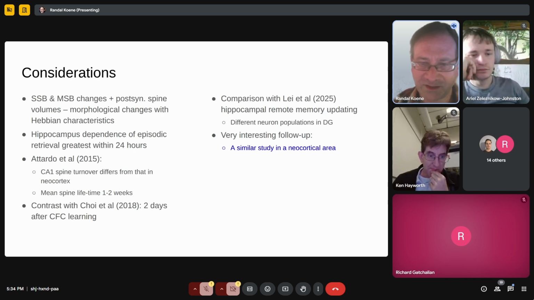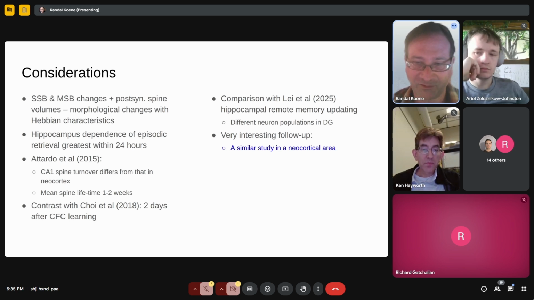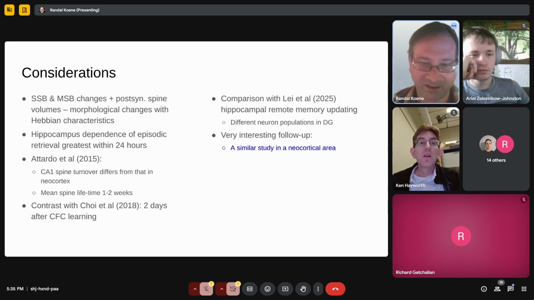Also, noting the different results compared with the Chou et al. results we had discussed in an earlier journal club, not this year, but earlier than that. I think, if I'm correct, the Chou data were obtained 2 days after contextual fear learning. So this would be potentially in a significantly different domain than what we saw here.